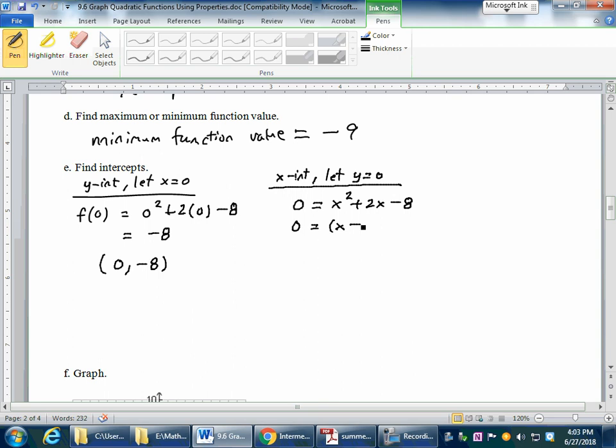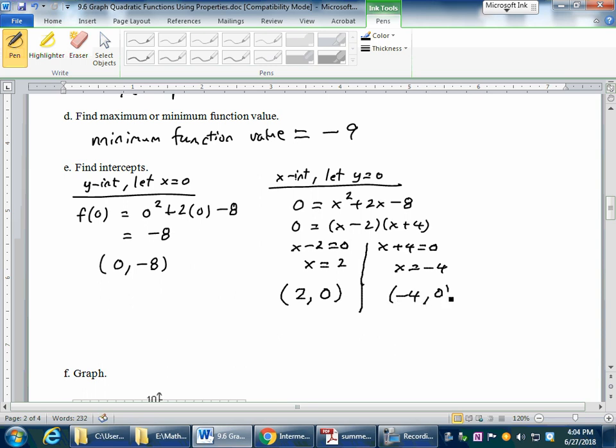Solving the equation, we factor: (x minus 2)(x plus 4). So x minus 2 equals 0, and x plus 4 equals 0. So x is equal to 2, and x is equal to negative 4. This tells us we have two x-intercepts. One is (2, 0), and the other one is (-4, 0).